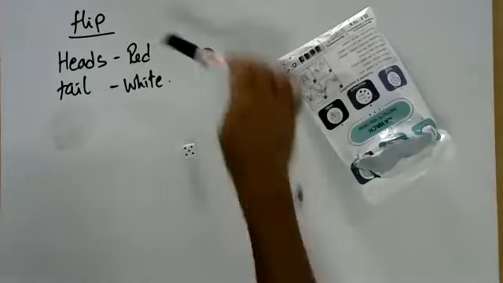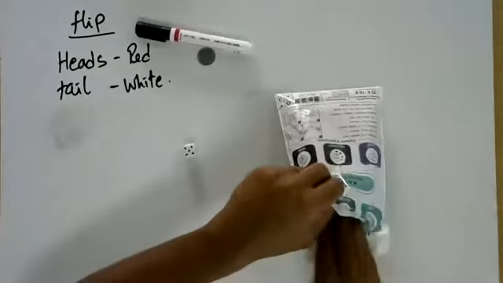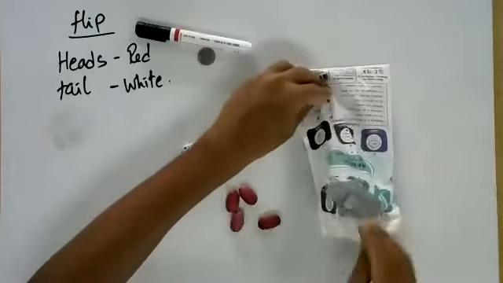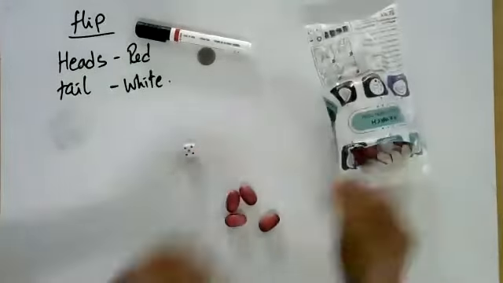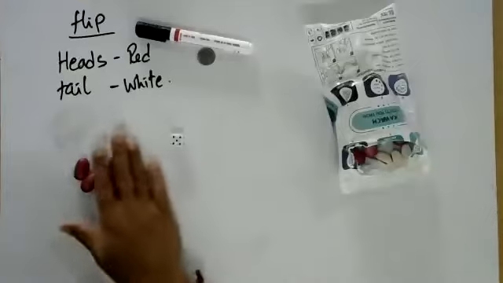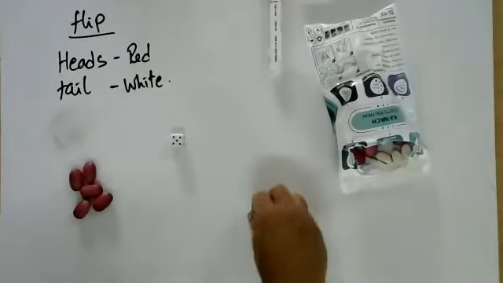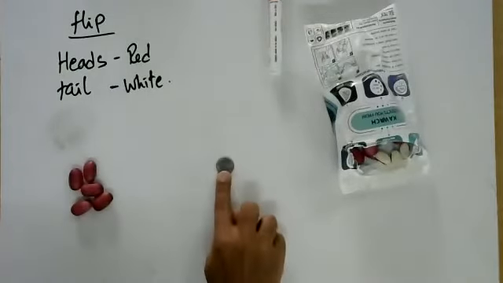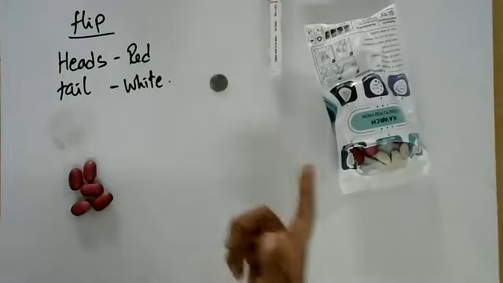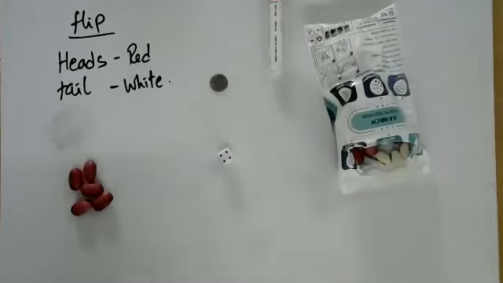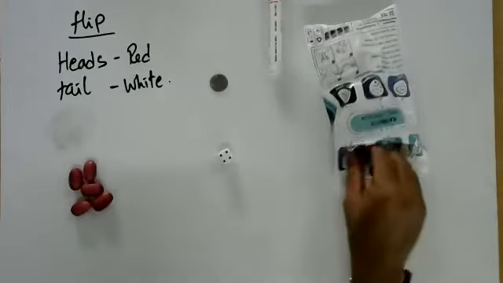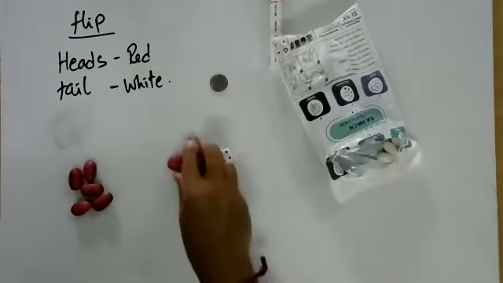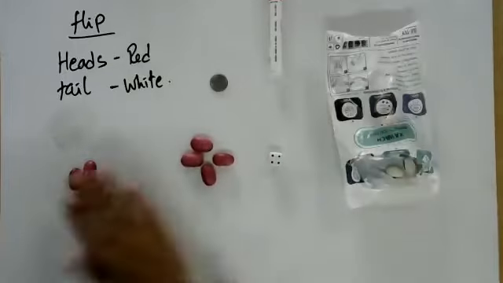I get 5. So what I'm going to do is pull out 5 red. Then I'm going to do it again. That's again a head, you just have to take my word for it. And I roll the dice, it's a 4. So I'm going to take out 4 more, and there is one remaining red in the bag, that doesn't matter.